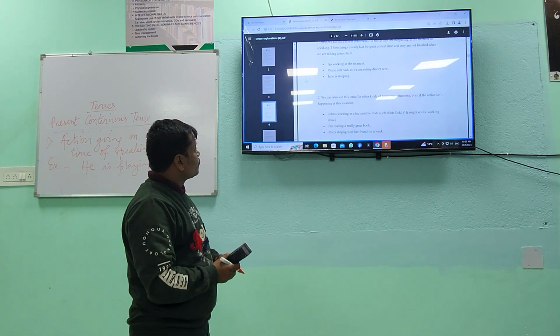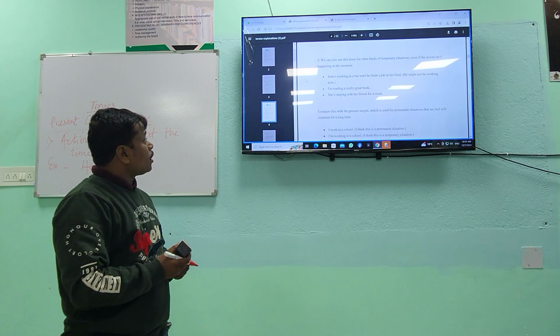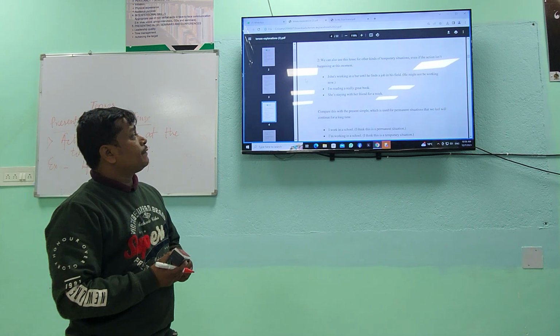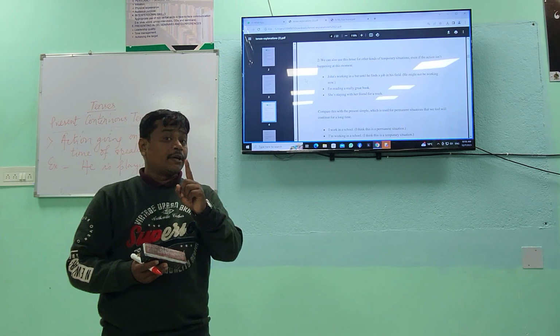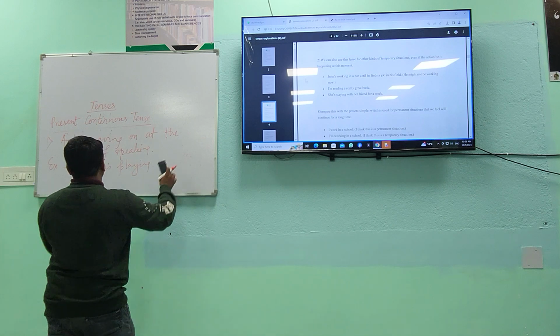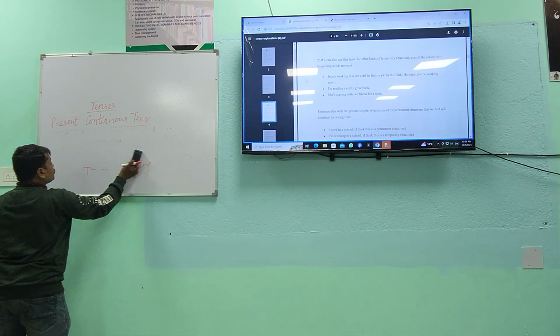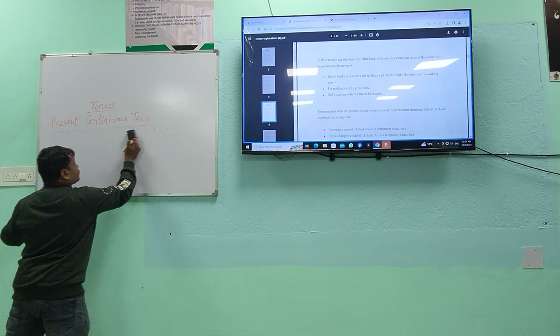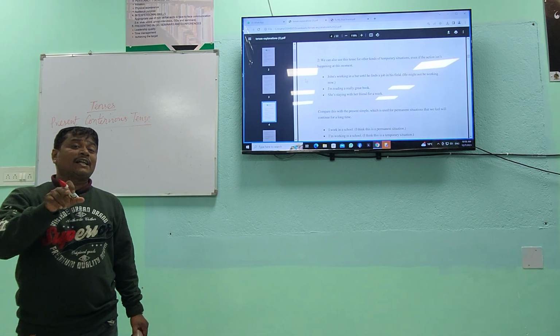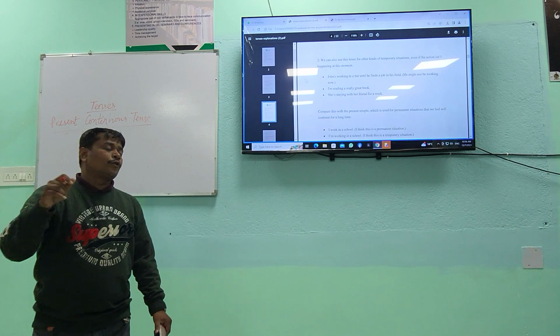The second use. We can also use this tense for other kinds of temporary situations, even if the action is not happening at this moment. Look at this, it is a different use. So we use present continuous tense which might not be happening at the time of speaking, but it is in a continuous mode.